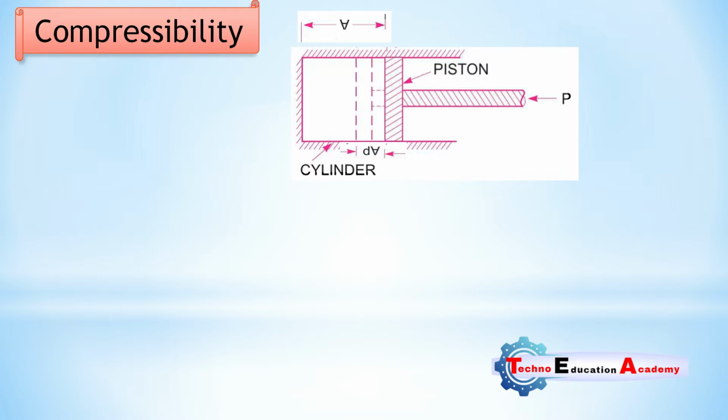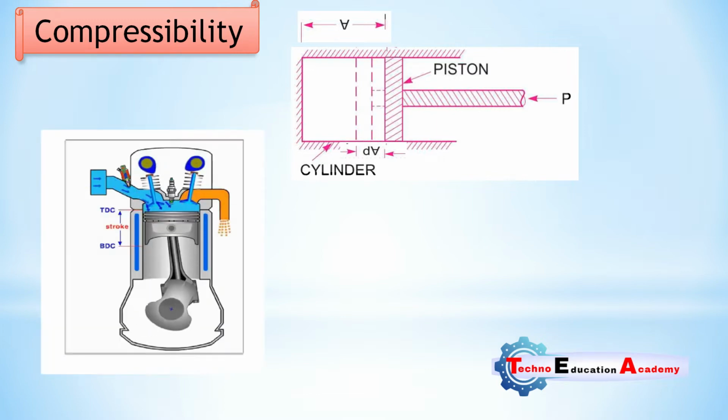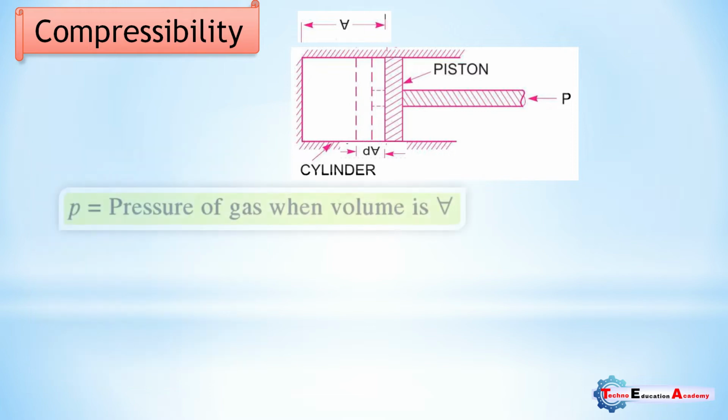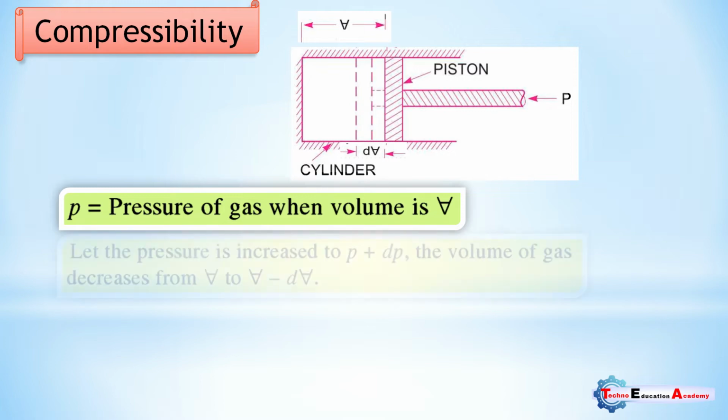after compression, because we know that any gas is compressible in nature, and whenever we compress the gas, the volume of the gas will decrease and the pressure of the gas will increase. So here we are considering P is the pressure of gas when volume is V. This V is specific volume.